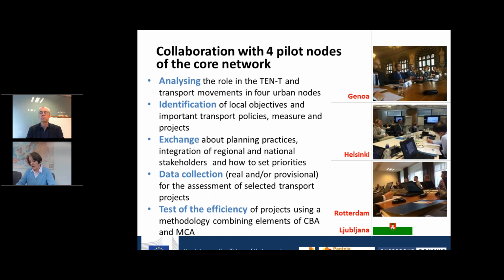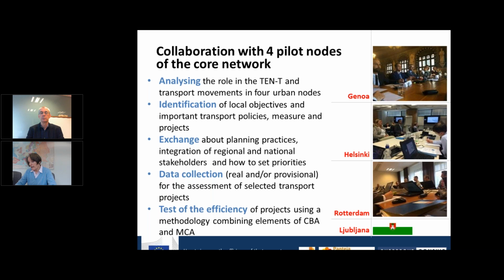So we had, first of all, a dialogue with them about the whole topic, and we also identified local objectives and important transport policies, measures and projects. And we had an exchange about planning practices, and also about the integration of regional and national stakeholders and how to set priorities.